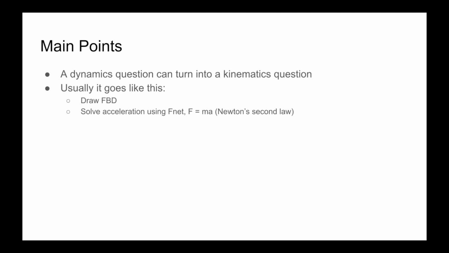And once you know the acceleration, then you can use that in kinematics formulas because that's one of the key quantities of kinematics. So obviously you would have to know a couple other things as well, such as time, distance, or velocity. But if you do know those things, then solving for the acceleration by using Newton's second law is often the part that unlocks being able to do the rest of the question and solve for the other components of the motion of that object.